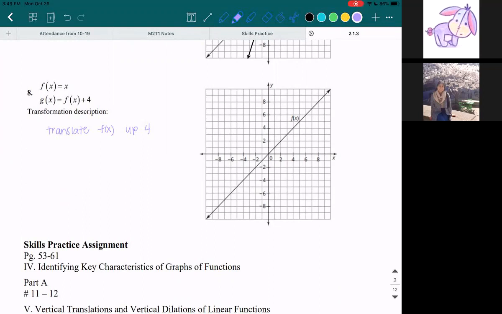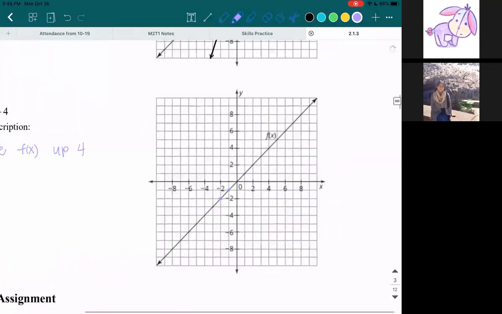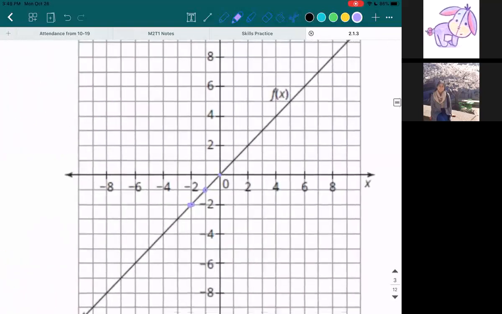So I'm going to take our old graph. I'm gonna zoom in. We're just gonna move it up 4. So here are the original points, and I'm just gonna move them literally up 4 until they are right there. Up 4 boxes, every single one of them.